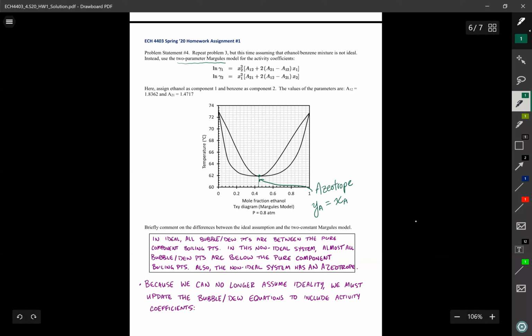Say I boil that, even if I boil it directly to the boiling point, there is no phase separation. I can't draw a tie line there. That's why azeotropes form a big problem for separation processes. In order to separate them, we have to use more sophisticated methods. We could still do distillation, but we have to be a little bit more clever about how we do it.